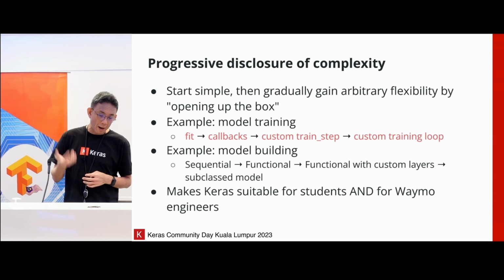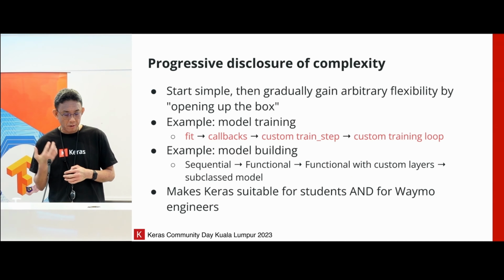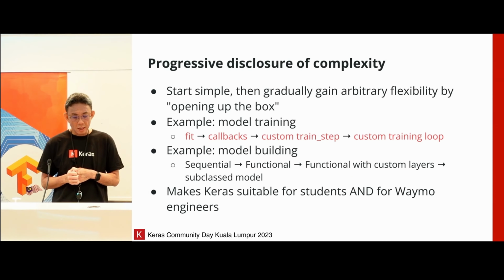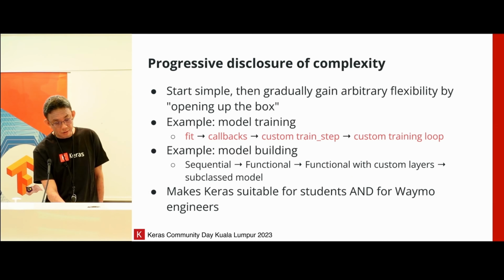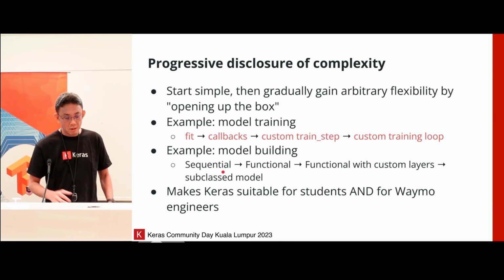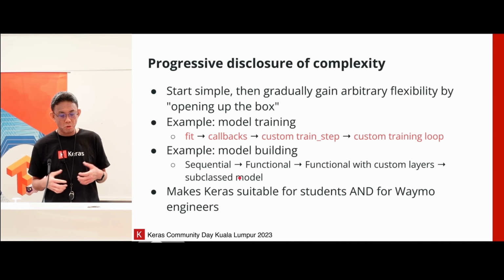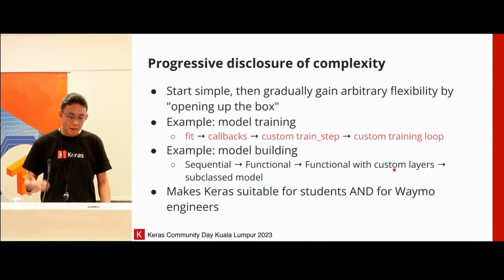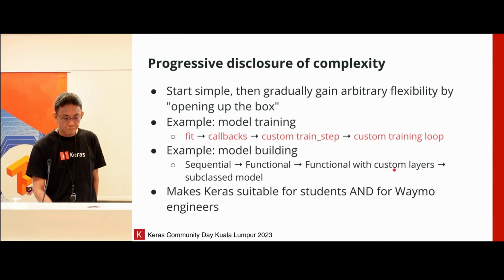Then you can start writing your custom callback or training step or custom training loop. Or you can start with very simple sequential layers, then maybe use the functional API to build more function into your network. Then maybe you can write your own custom layers, or write your own subclass model.